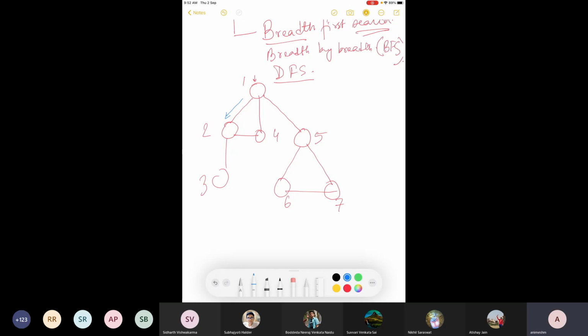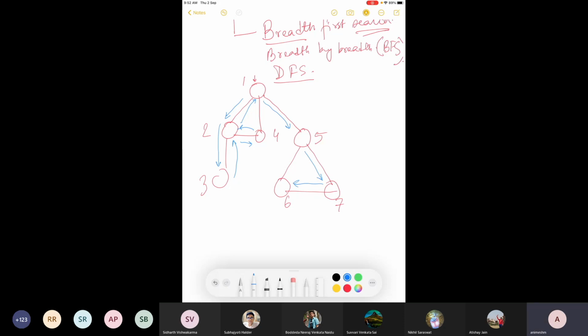Goes to 2, goes to 3. Here it is an end of depth. Comes back to 2, goes to 4. Here again it is an end of depth. Comes back to 2, comes back to 1, goes to 5, goes to 7, goes to 6.